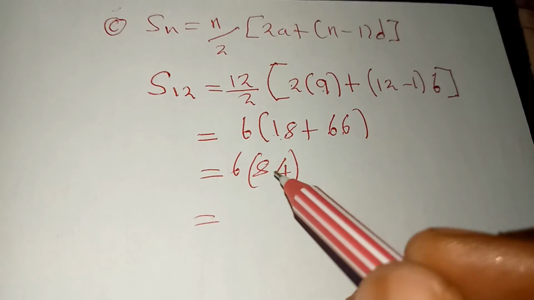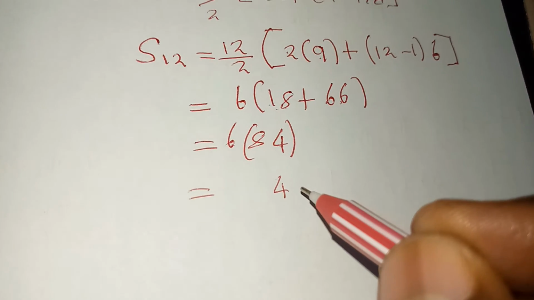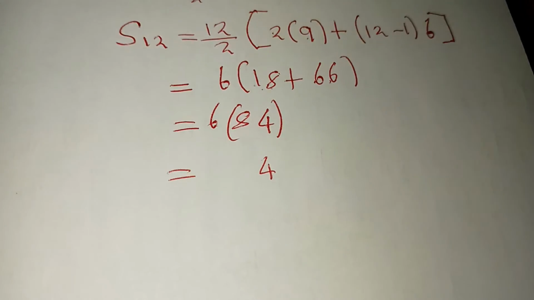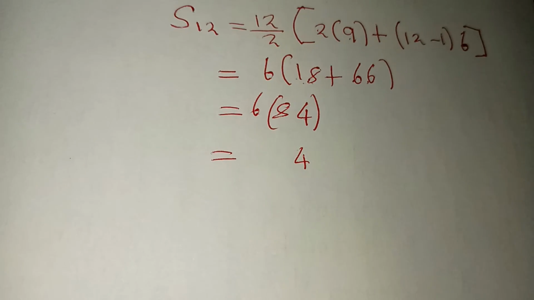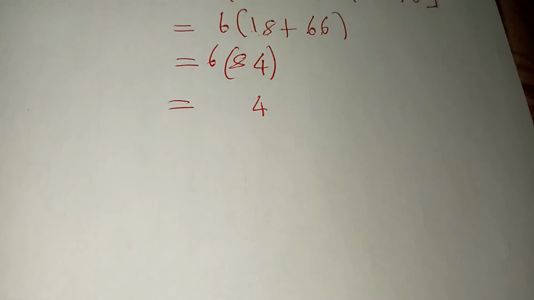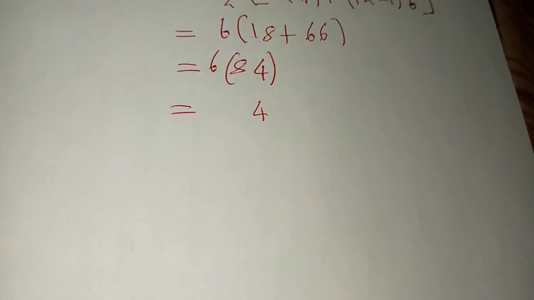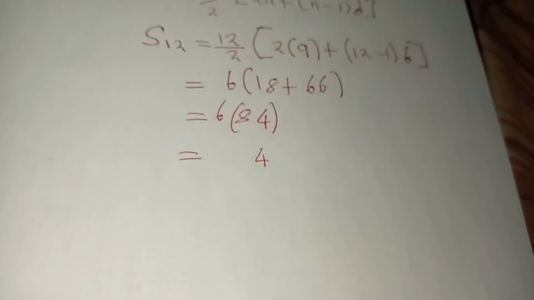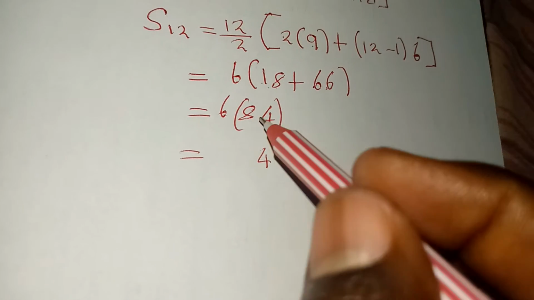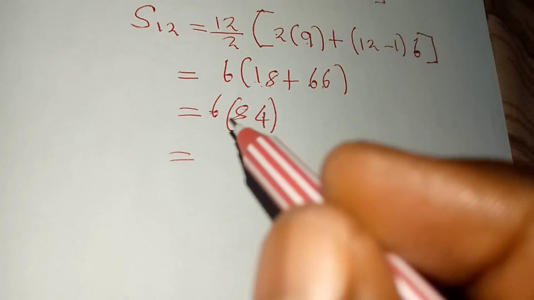Then when you say 84 multiplied by 6, 6 times 4, it's 24, 4 remainder 2. 6 times 8, 48, plus 2, 50.